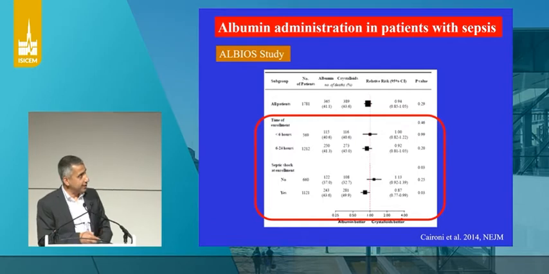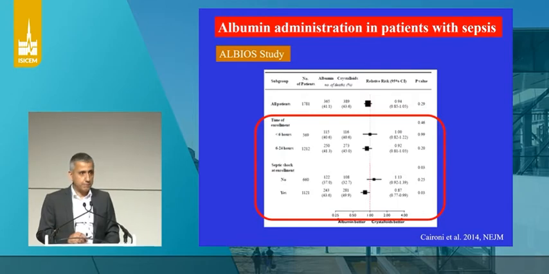And interestingly, the effect of albumin was actually better shown in patients who started to receive albumin after 6 hours from the onset of septic shock, which means that giving it early in the course of the disease may not be actually the thing that made the difference in the study.